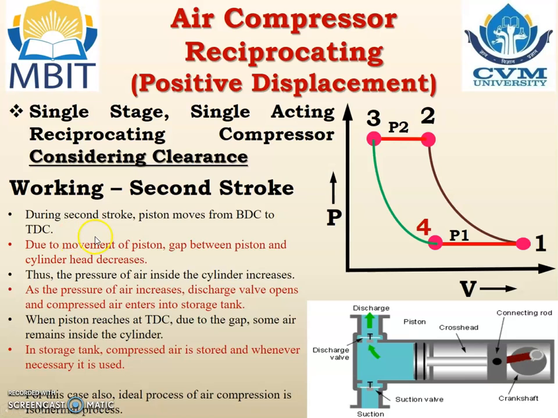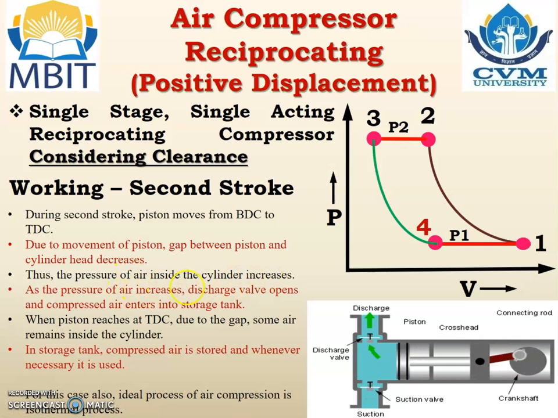Second stroke. During the second stroke, the piston moves from BDC to TDC, that is bottom dead center to top dead center in a vertical engine, and this is horizontal, so we can say it is from right hand side to left hand side. Due to the movement of the piston, the gap between the piston and cylinder head decreases, and thus the pressure of air inside the cylinder increases.